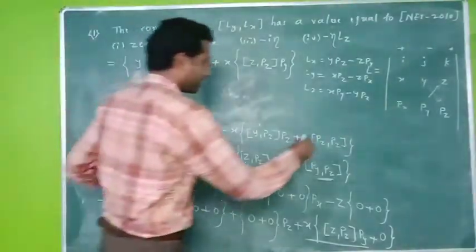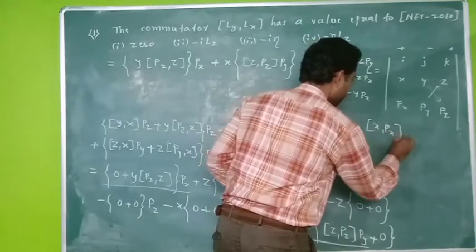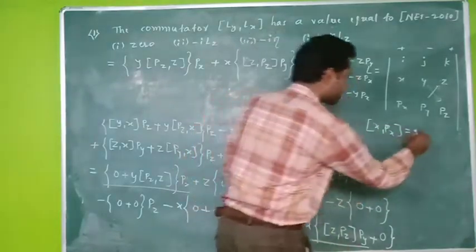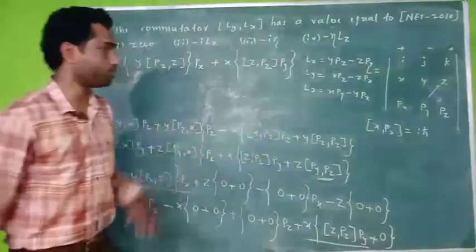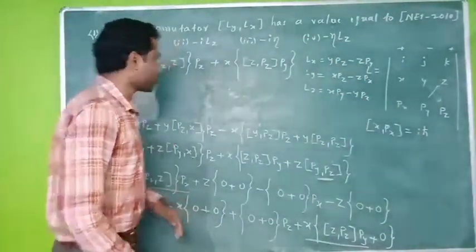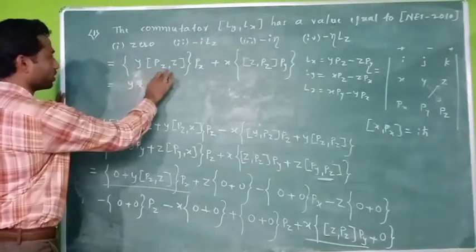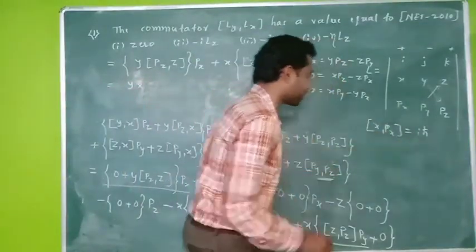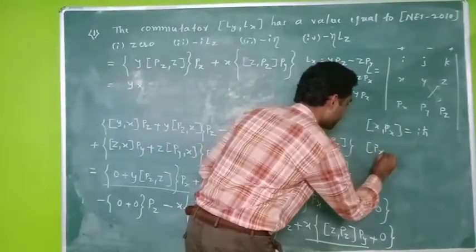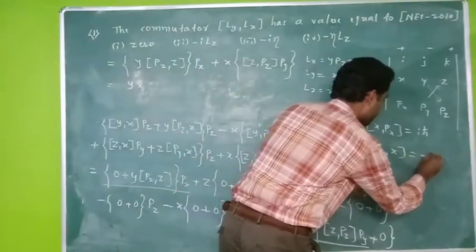So we know that the commutator of x and px is equal to what? So this is equal to i h bar. This is proved in the last video. So therefore y into this one, so this one x into px commutator is equal to i h bar. If this is like this, px into x commutator, so this should be equal to minus i h bar.